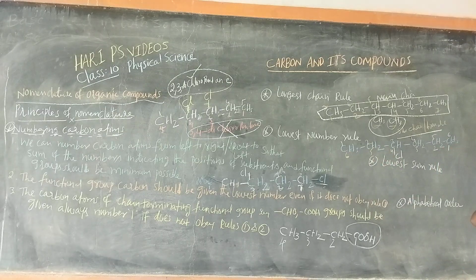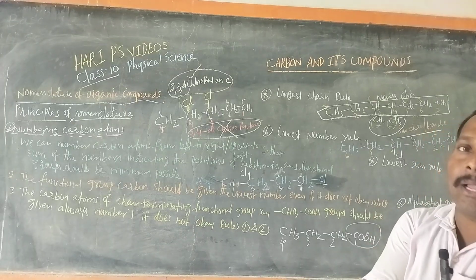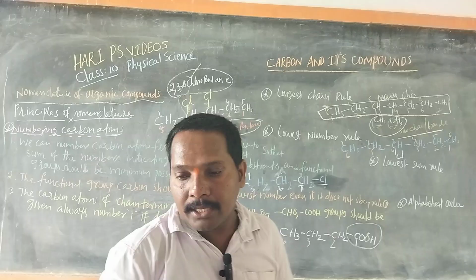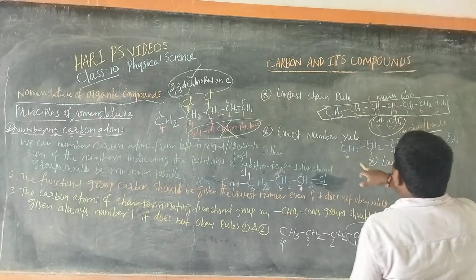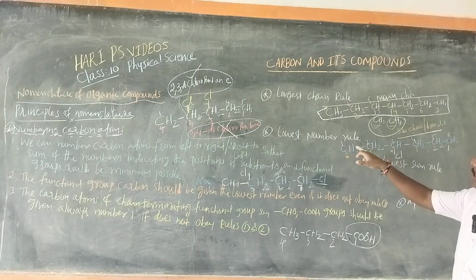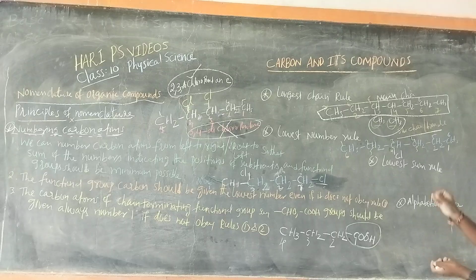If the main longest chain has only one substitution, the carbon which has the substitution should get the lowest number. So from left to right 1, 2, 3. So you can write 3-chloro.